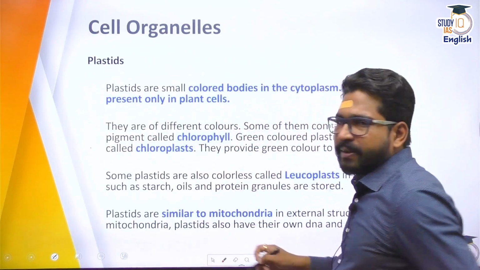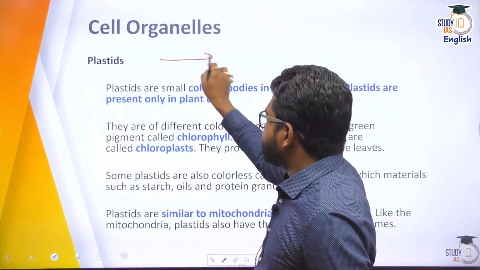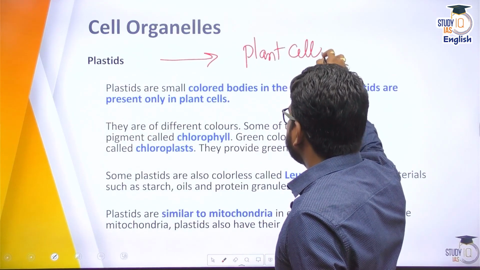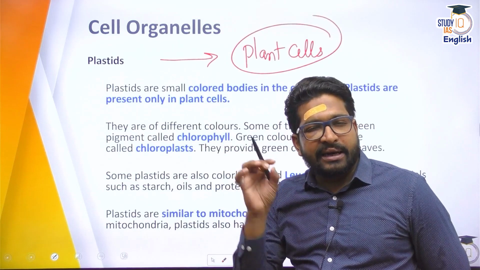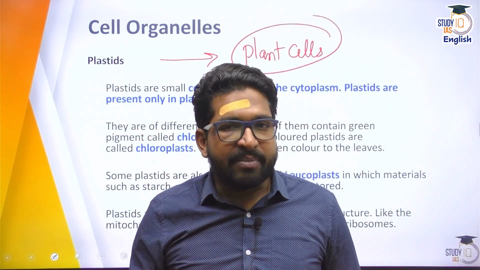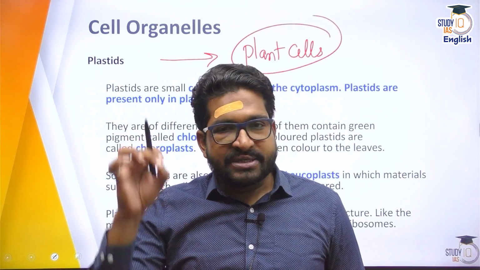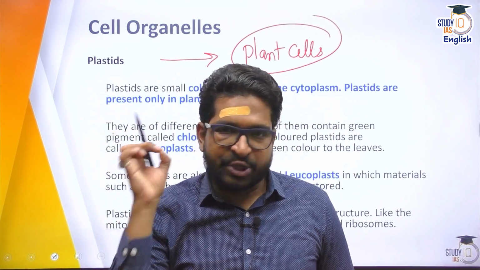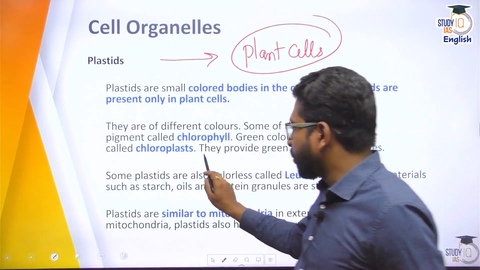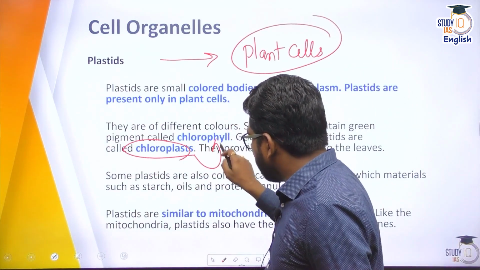Apart from mitochondria, plastids are another important cell organelle specifically present in plant cells. Plastids are basically colored pigments or colored bodies in plant cells which help in photosynthesis or some other specific operation. One particular plastid, the green colored plastid, is called chloroplast. It contains chlorophyll.